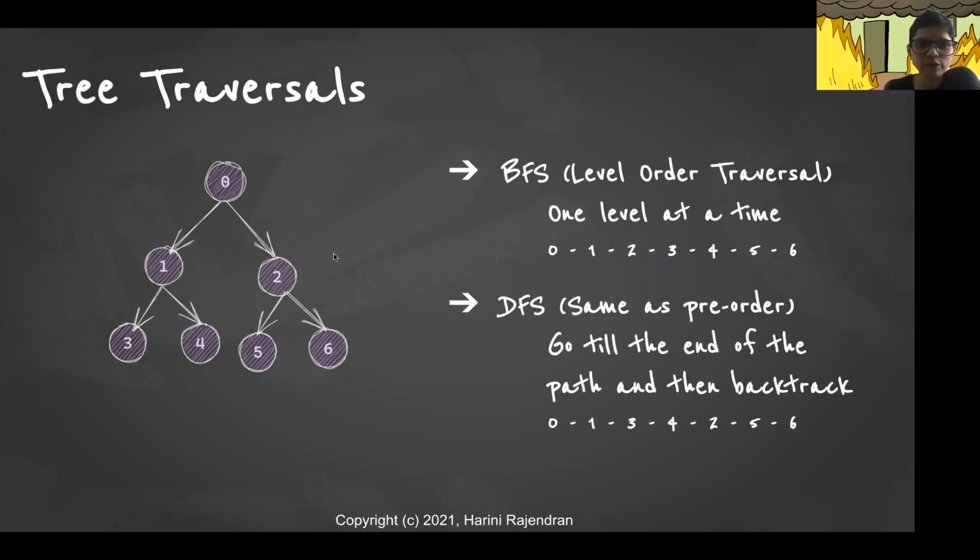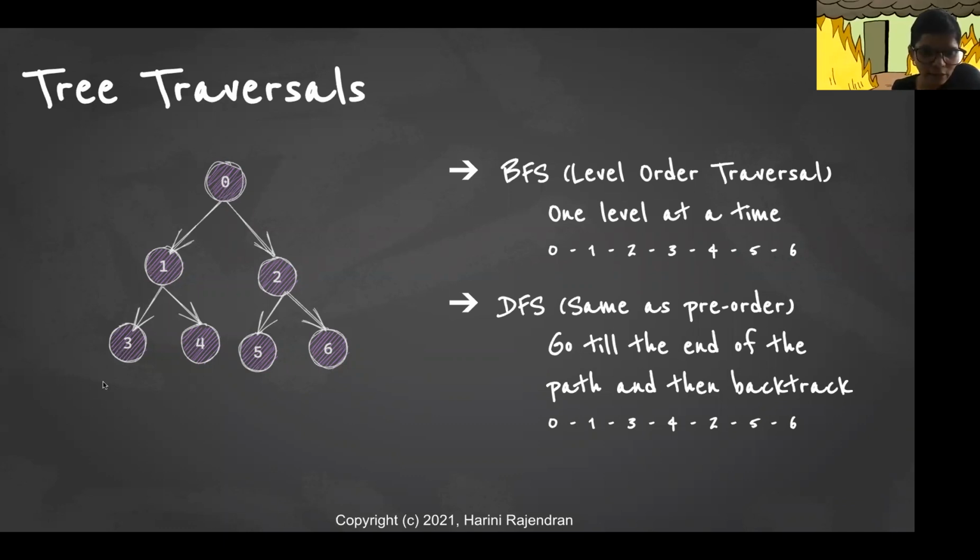Then the last kind of traversal that I want to talk about is called the depth first search. So here, how this depth first traversal works is we start from the root. We'll keep going down the tree all the way till we reach an end. And once we reach an end, we backtrack and find another path. So that's called the depth first search. For example, if we start from the root here, from 0, we go to 1, and then we go to 3.